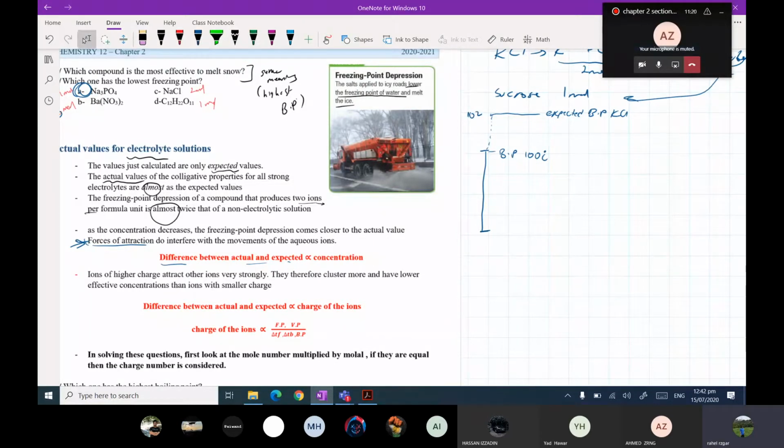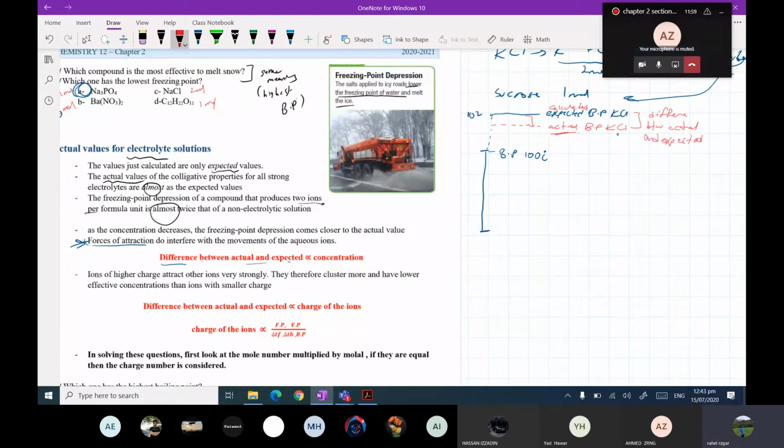But when we do an experiment, the actual boiling point of KCl is this one. So there is a difference. This is what we calculated, and this is what we got during the experiment. What do we call this part? The difference between actual and expected.